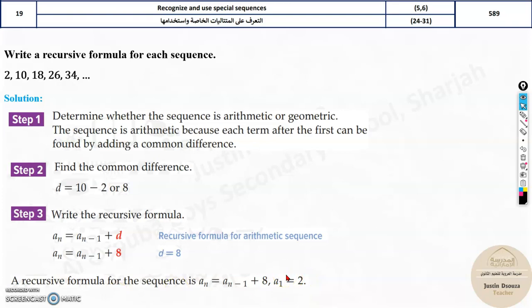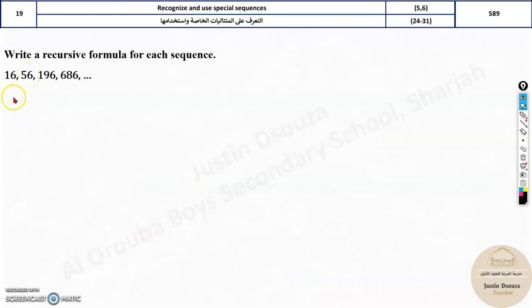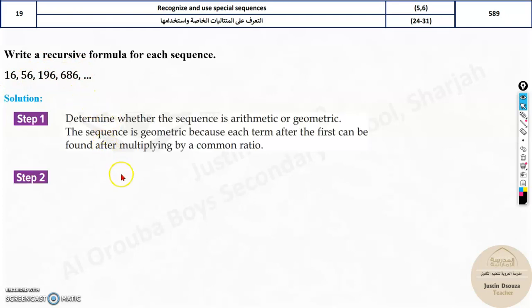That's it. Now the next one over here is a geometric sequence because it's not arithmetic. If you start dividing, you find the same number over here. Start dividing 2, and you can divide the other ones also. You will find it has a common ratio of 3.5. So if you multiply 16 by 3.5, keep on multiplying, you'll get this sequence.